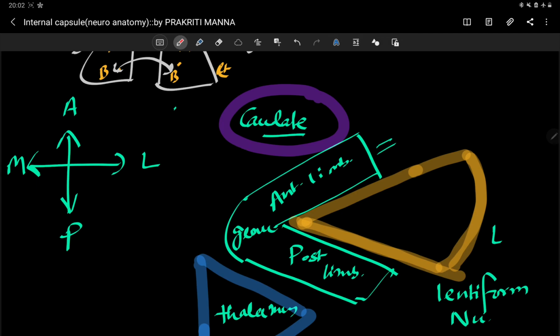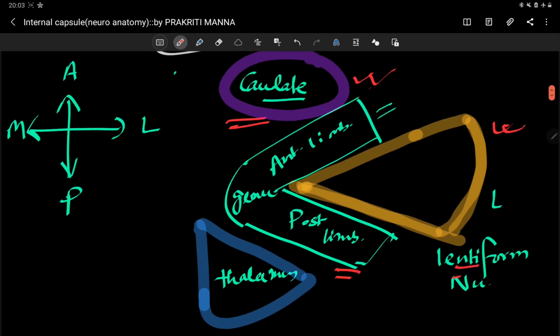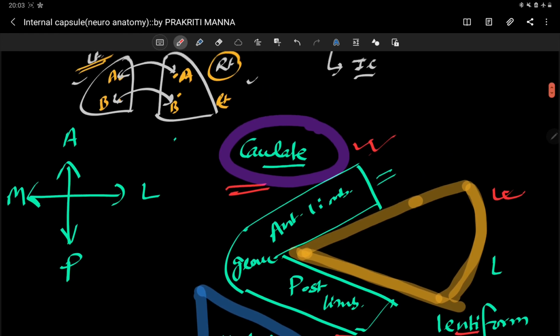So anterior limb of the internal capsule is actually in between the caudate nucleus and the lentiform nucleus. Medial to it is your caudate nucleus. Lateral to it, you can see the lentiform nucleus. Similarly, posterior limb of the internal capsule is present in between the laterally lentiform nucleus and posteromedially thalamus.